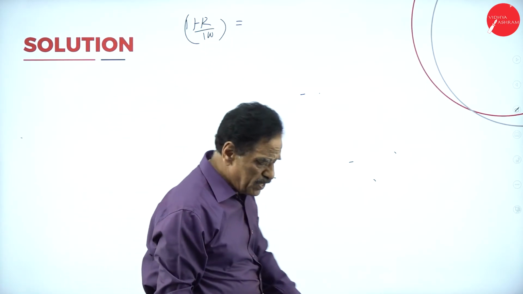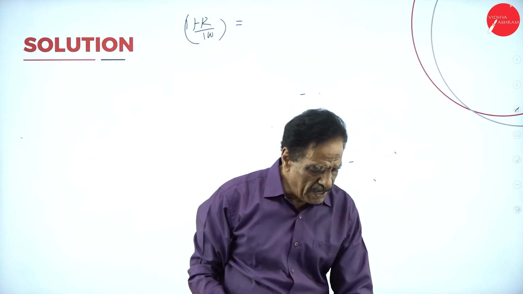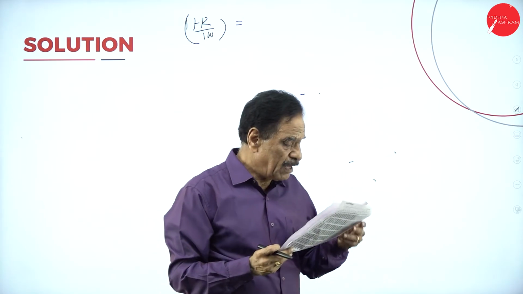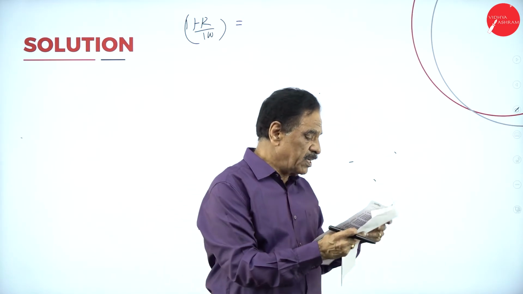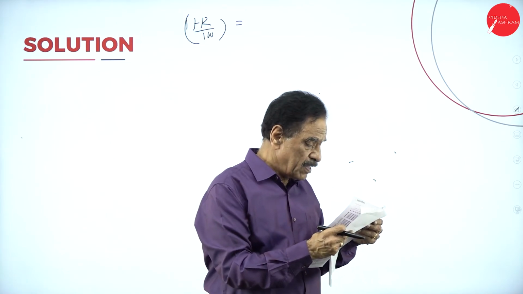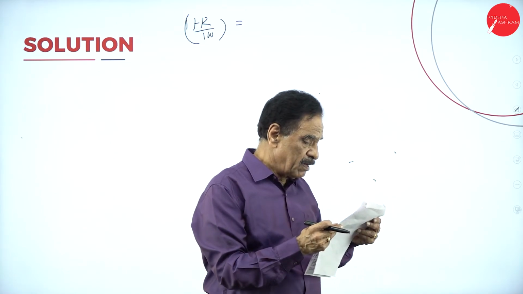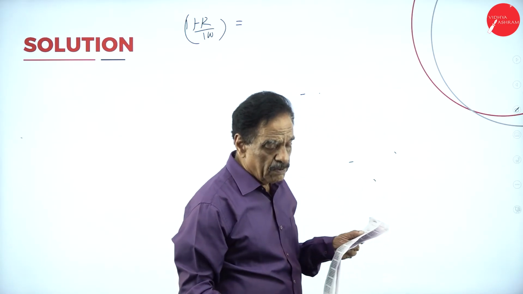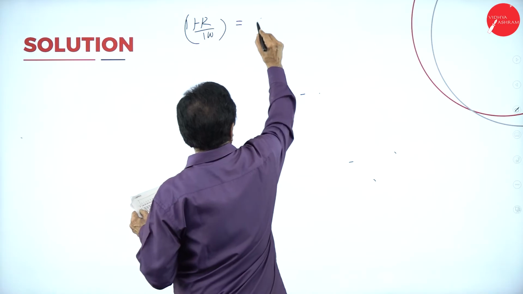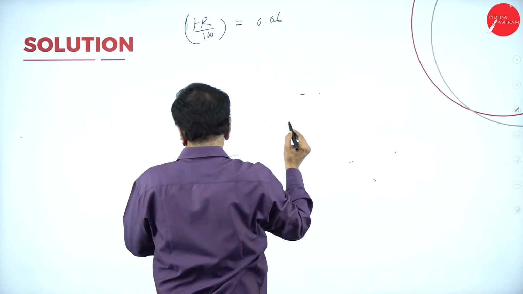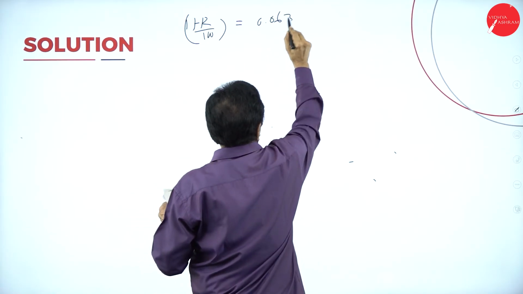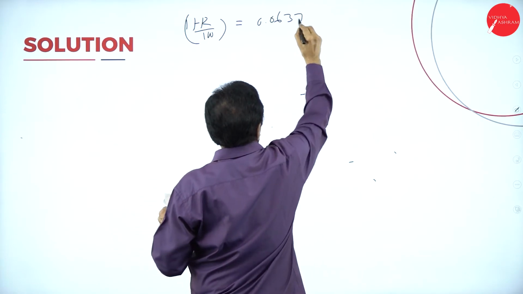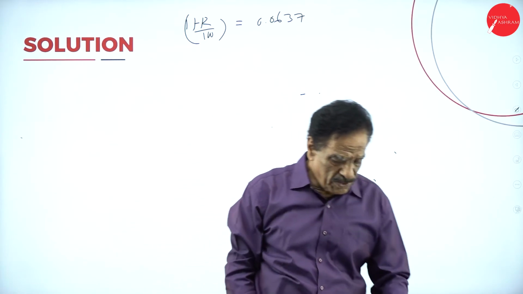In the log table, in 11, you have to see the 5, not 6, not 7. So 0.0637.